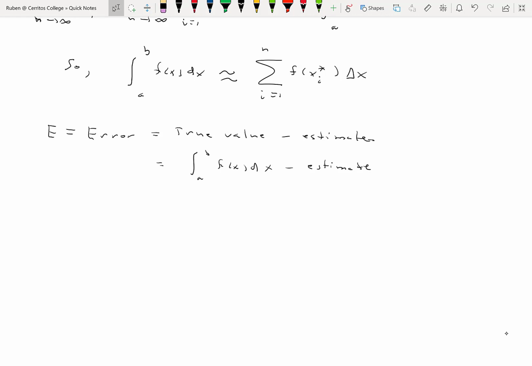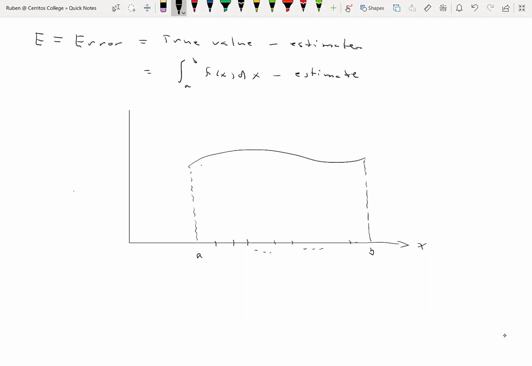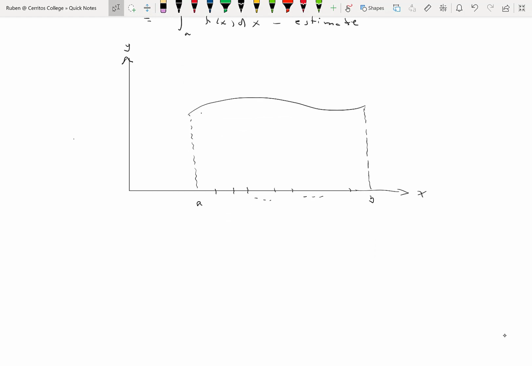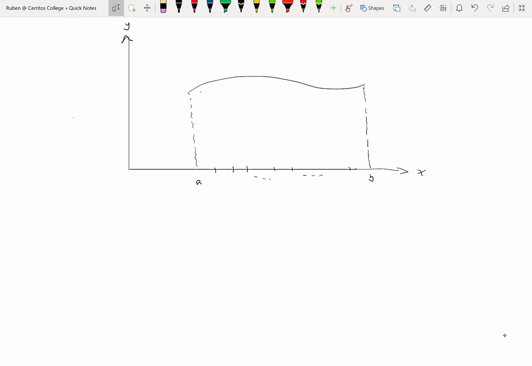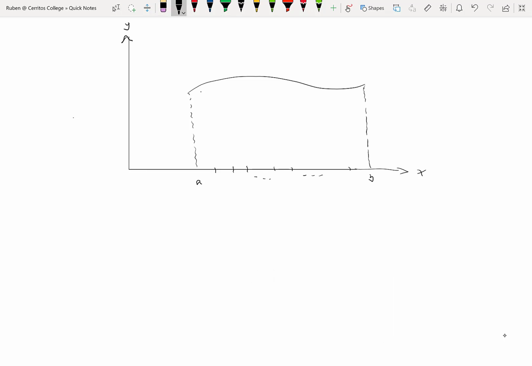Okay, so what am I talking about? Let's go back to the definition of the definite integral. I drew a real quick drawing of our curve again, and what I'd like to do is put in those points, x0 up to xn.